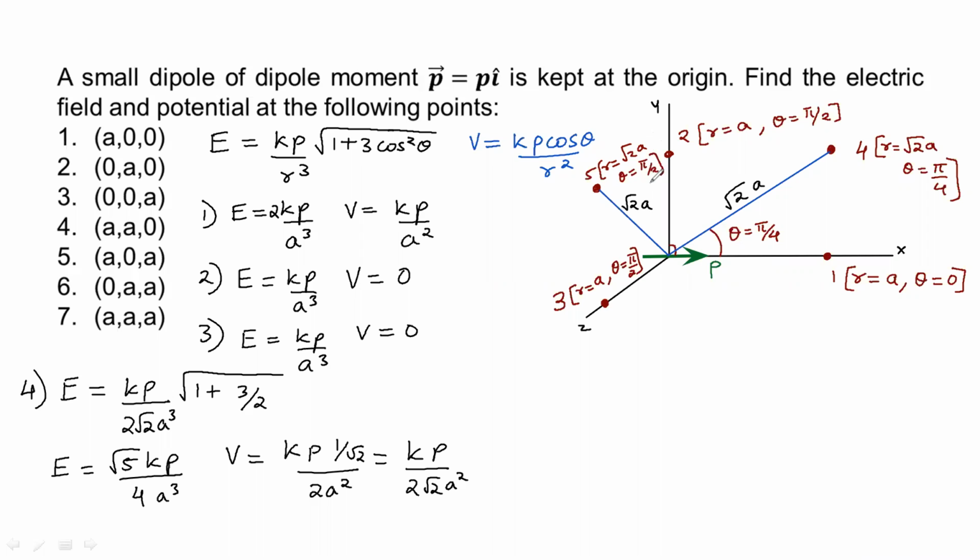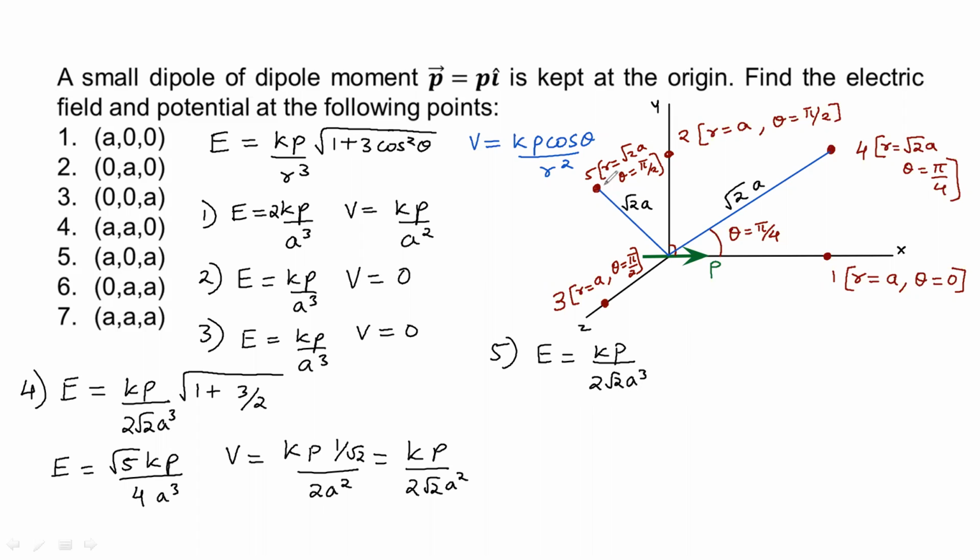Okay, let's find out the value of E and V. So in question number 5, E is going to be equal to, you see, kp over 2 root 2 a cube times root of 1 plus 3 into cos of 90. Cos of 90 is 0. So this is going to be 0, and you'll end up with root of 1, that is 1. So this is the final answer, kp over 2 root 2 a cube.